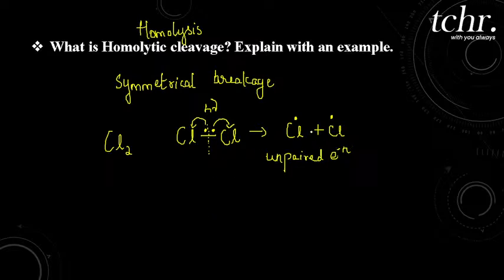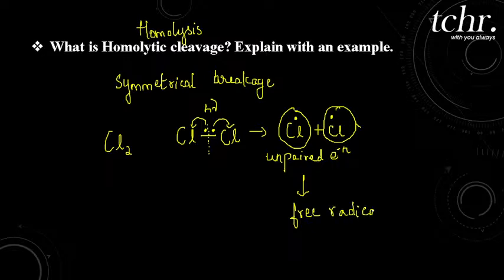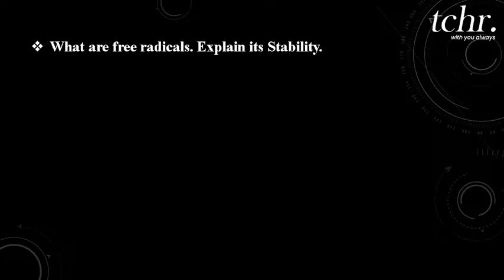Now, what is this chlorine fragment with one single electron, or unpaired electron, called? This is called a free radical, my dear students. Once you are done with homolytic cleavage, the next question they can ask you is: what are free radicals?